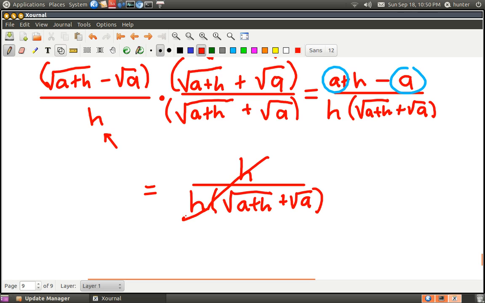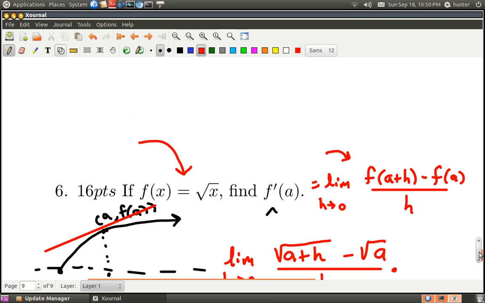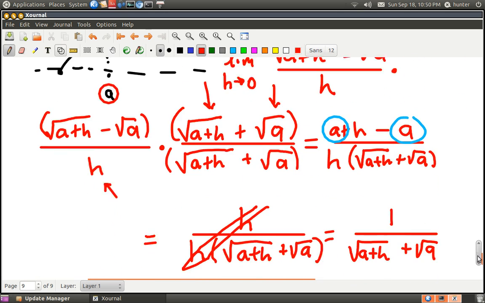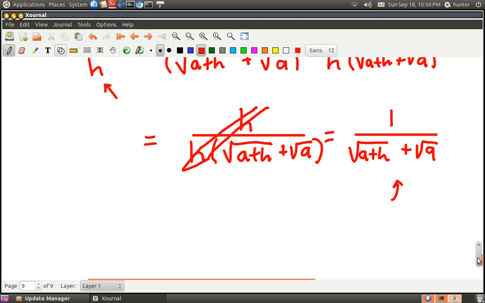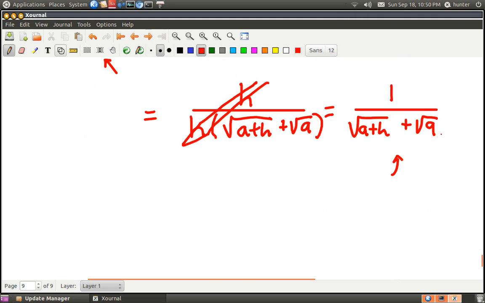That was supposed to be my hand using the pen to cancel the h, and that leaves 1 over the square root of a plus h plus the square root of a. We've gone a long way. We started with this thing and saw that it's really the same as this. Remember, we want to take the limit as h goes to 0, and now we can do it just by plugging in. By the way, this is a, not 9.